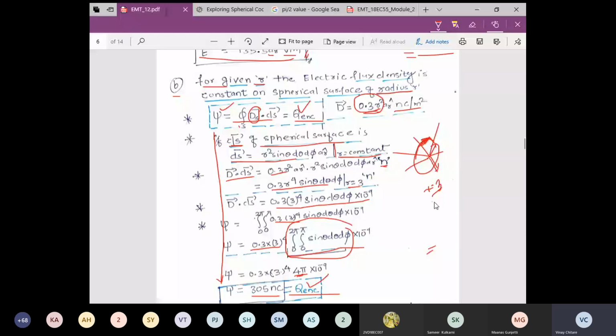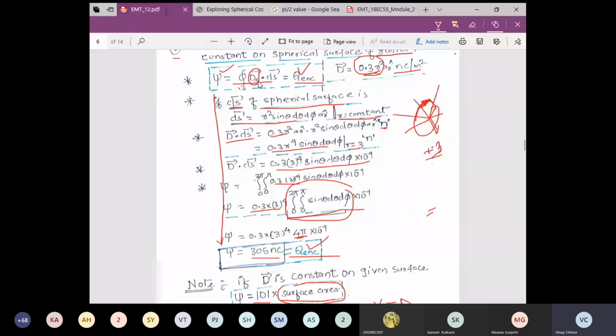If that is the case, D dot dS will simply be a scalar product, that is D into dS. And this is anyway constant, we can take it out. And we need to integrate this term dS.